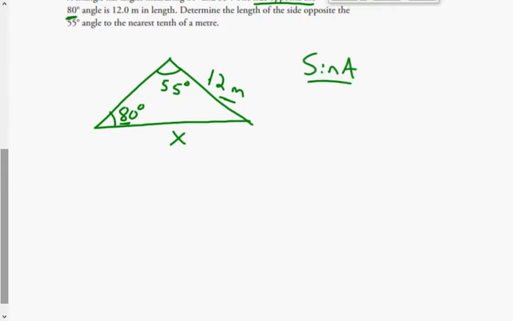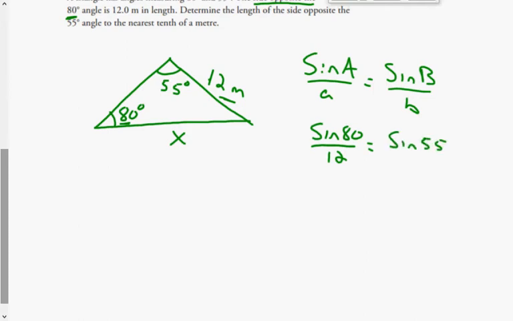Sine A over a equals sine B over b. I always use A and B just because of the first 2 letters of the alphabet. They're the easiest. So I know that sine 80 over 12 equals sine 55 over b. Now my b value is my unknown, is x.